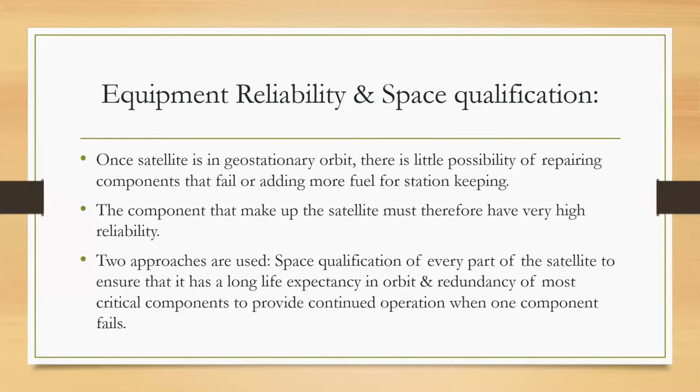Repairing is not possible. So the two approaches are space qualification of every part of the satellite to ensure that it has a long life expectancy in the orbit, and redundancy. I told you about redundancies, creating backups, adding additional components so that the system continues to work even when one component fails.